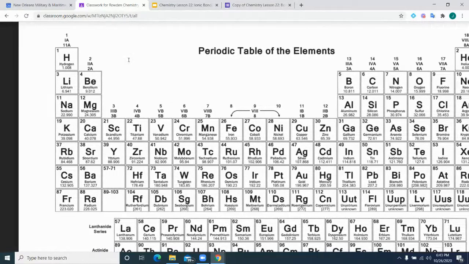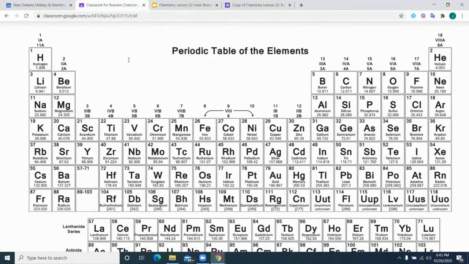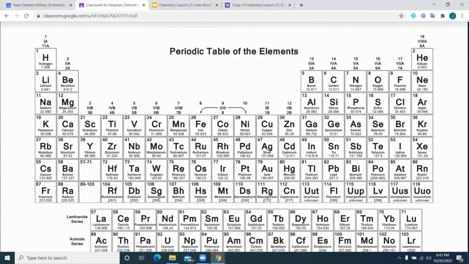All right, and from the periodic table, you're going to look at right here. If you've been doing what I said to do a while ago, where you print one off for yourself and then you write the pluses and negatives on here, you need to remember that group 1 all has a charge of +1. Okay, meaning these all want to lose 1 electron, so they're typically going to be +1.